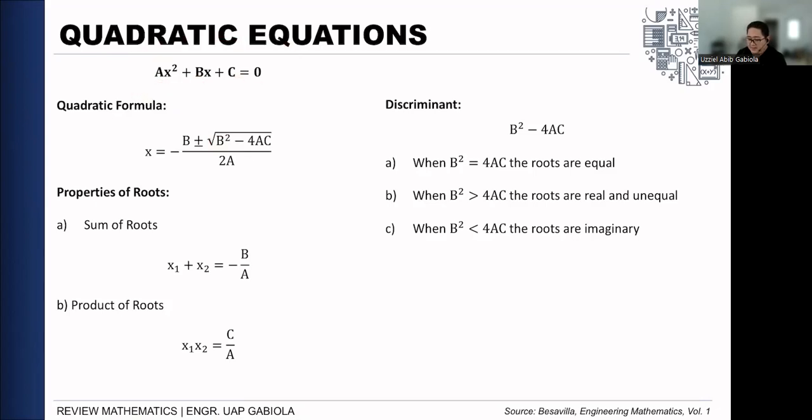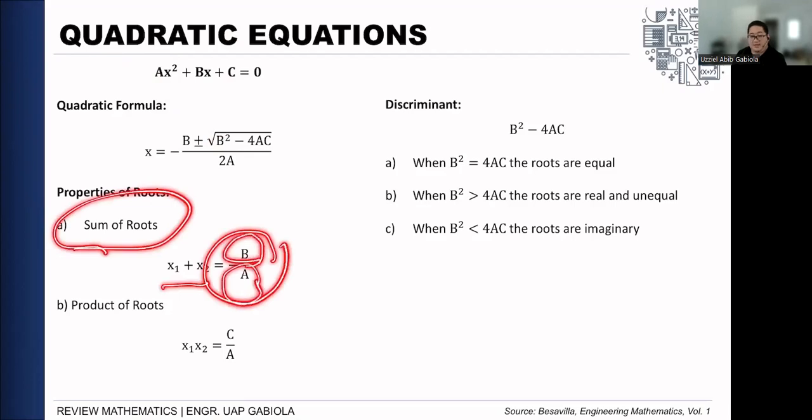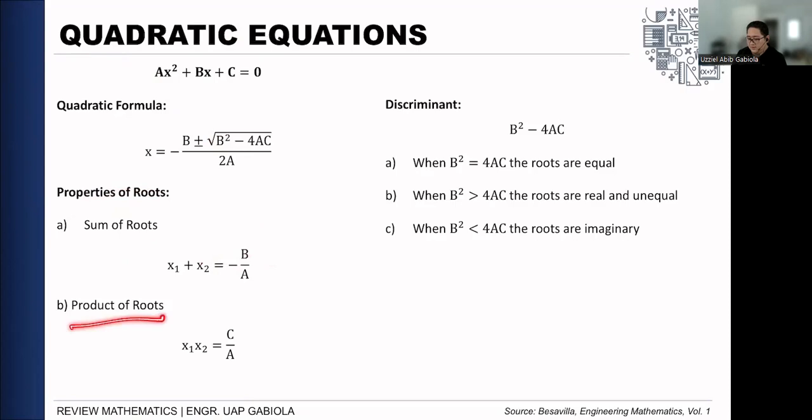Okay? Then pag sinabing properties ng root, kapag pinapakuha yung sum of roots, kunin natin yung coefficient b over a tapos negative, no? Then halimbawa, product ng roots, kunin lang natin yung coefficient c over a. Then meron tayong palatandaan sa kanya, no? Kung ang root ng quadratic mo ay nag-exist, yun yung pag-test sa discriminant natin. So, kukunin mo lang yung mga coefficient mo, substitute mo lang. Kapag yung b squared mo is equals sa 4ac, ibig sabihin roots are equal.